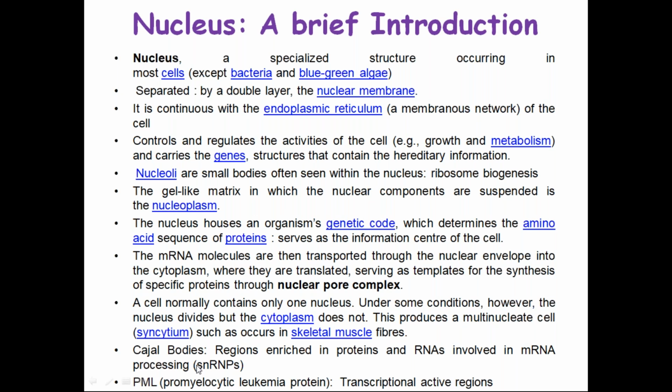You can see the Kajal bodies, they are the bodies which are rich in proteins and RNAs, and they are very important for mRNA processing. I was telling you, specifically it is for small nuclear RNA proteins. You just have to remember these words, mRNA processing and snRNPs. इसके अलावा कुछ भी याद रखने की आपको जरूरत नहीं है. And what is PML bodies? It is promyelocytic leukemia protein.